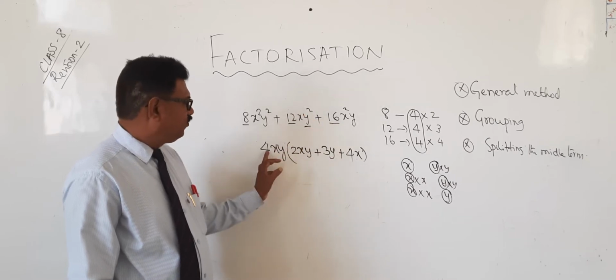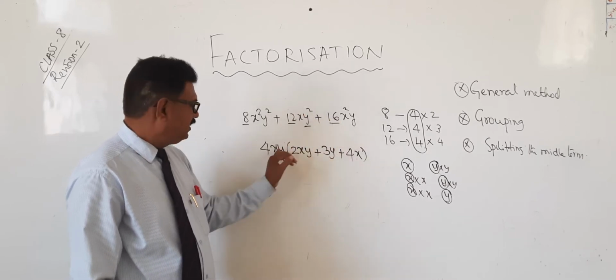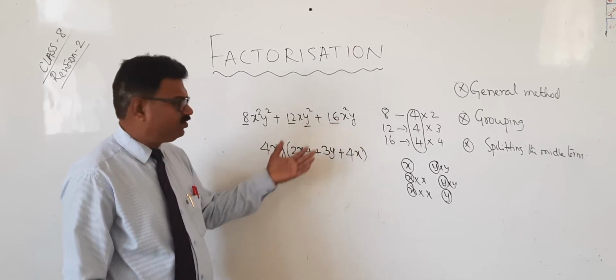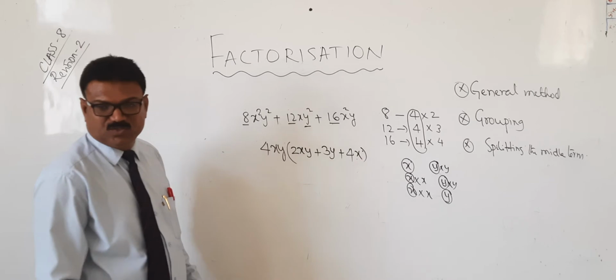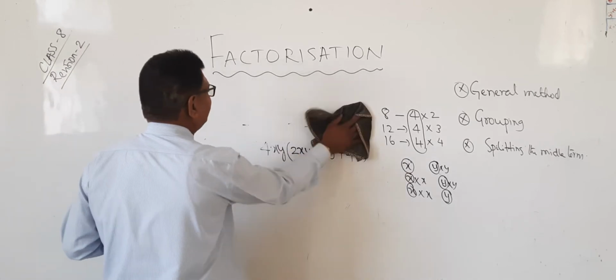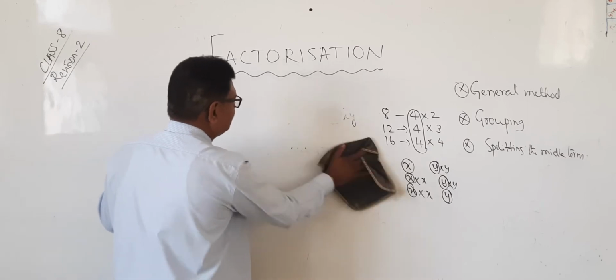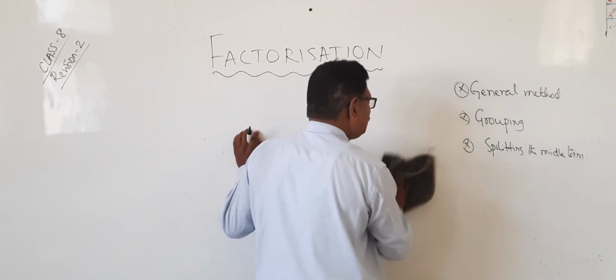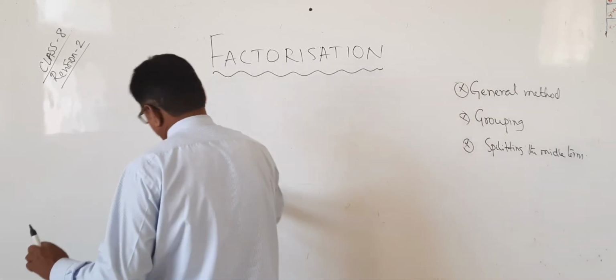Plus 4 into 4, 16. X into x square. Y, there is no problem, we should write like this. So this is known as which method? General method. General method means what? Taking something common, that's all.